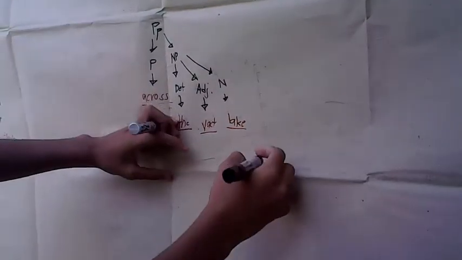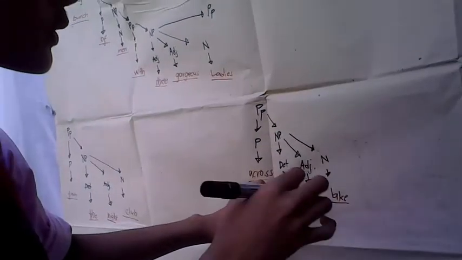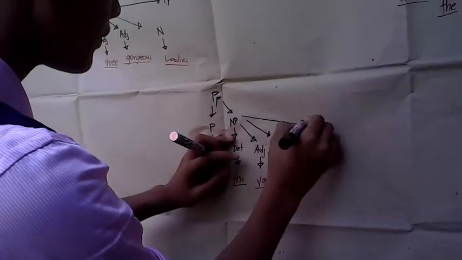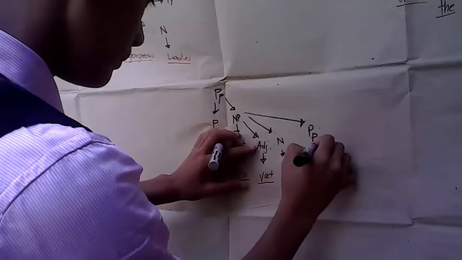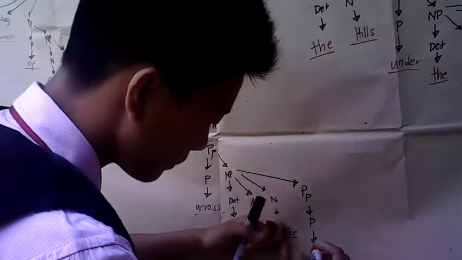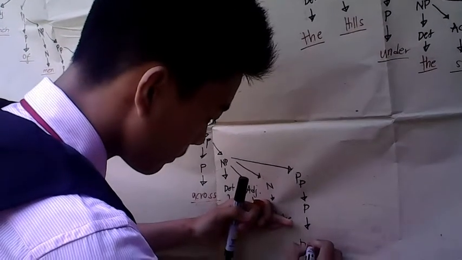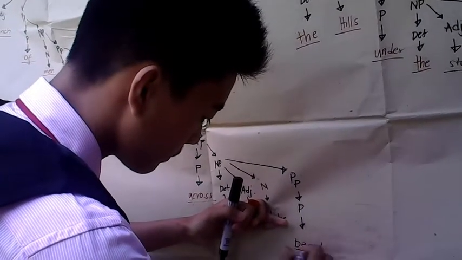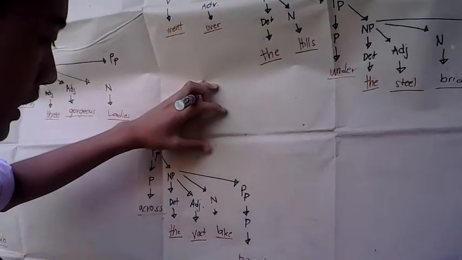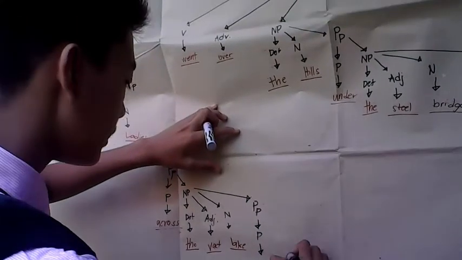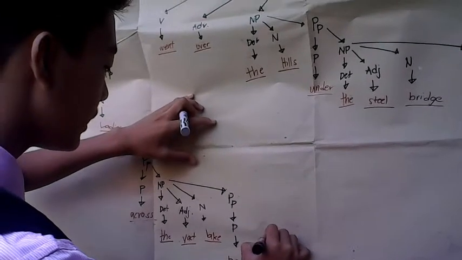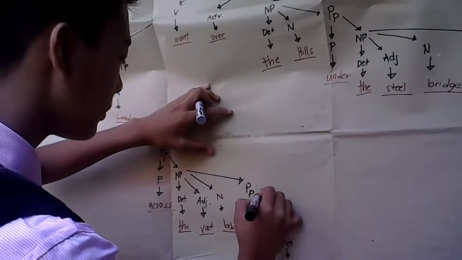The next word is beyond. Beyond is a preposition, so we will create a new prepositional phrase, then connect it to the noun phrase. The next word is the. The is a determiner, so we will create a new phrase, a noun phrase, then connect it to the prepositional phrase.